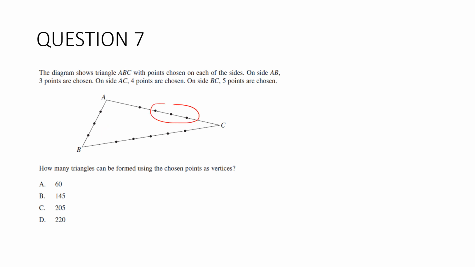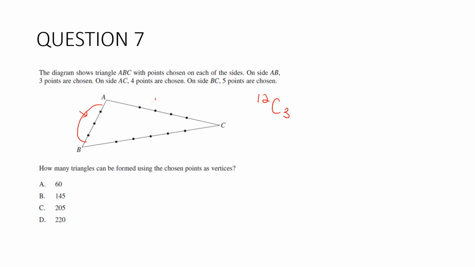Now, we could set up cases. We could say, let's just choose 1 point from side AB, 1 point from side AC, and 1 point from side BC, and then look at 2 points from this side and 1 from that, etc. But it's easier to do it with the complementary event. So the number of possible ways to choose 3 points from all of those dots is 12C3. Okay? Now, some of those aren't triangles.